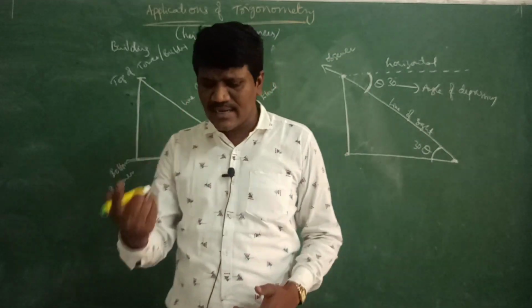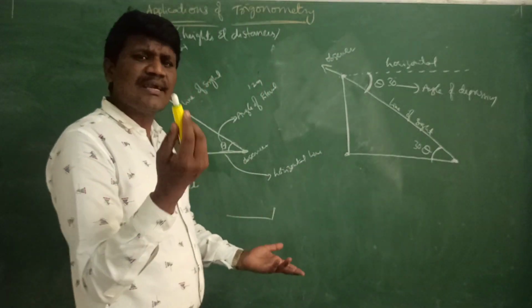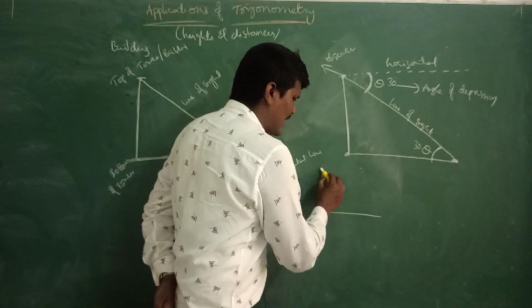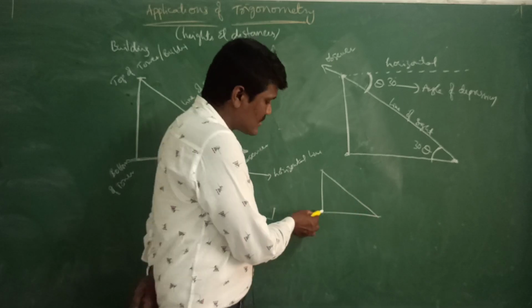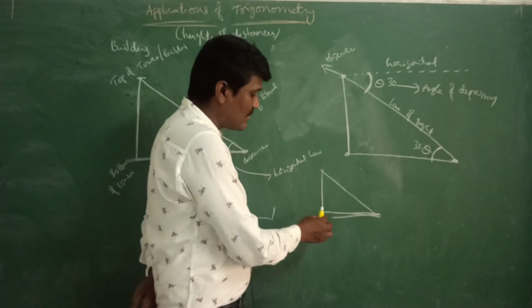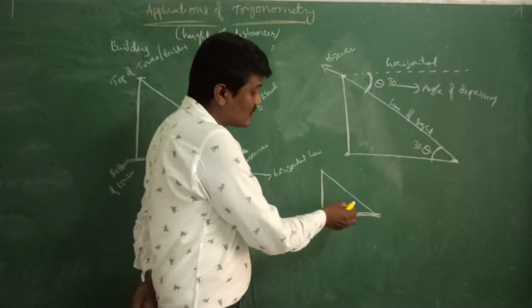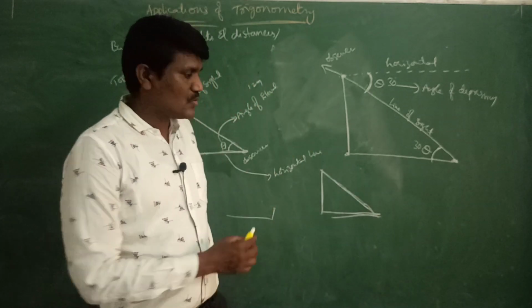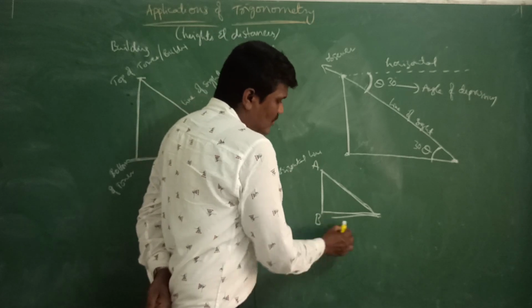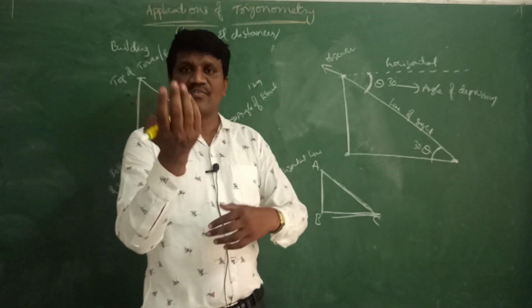A single diagram is simply a diagram like this only. Sometimes they may ask distance, sometimes height, and sometimes the length of this also. Suppose they ask the height of a tower.